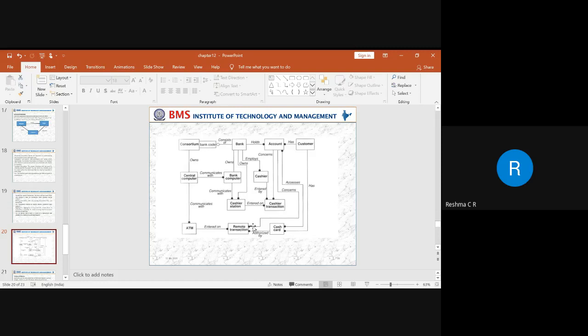Whatever remote transaction is done will be entered through the ATM. That means whatever transaction a customer performs using the ATM station will be entered as a remote transaction and updated in a particular bank account. That is how the transaction can be made.